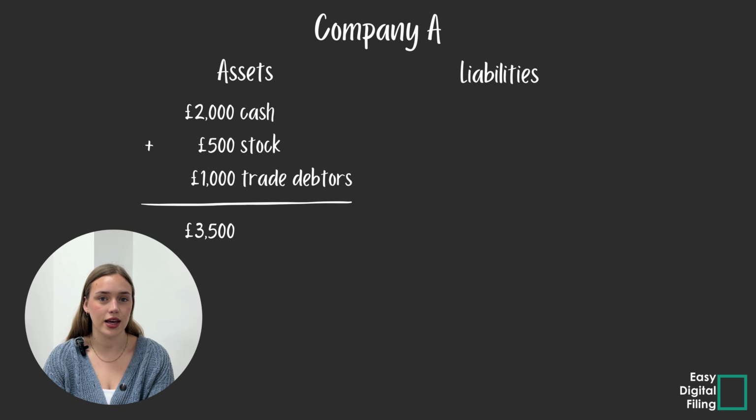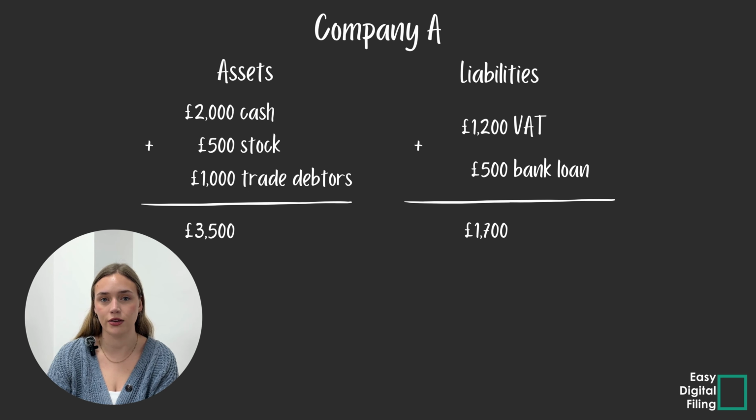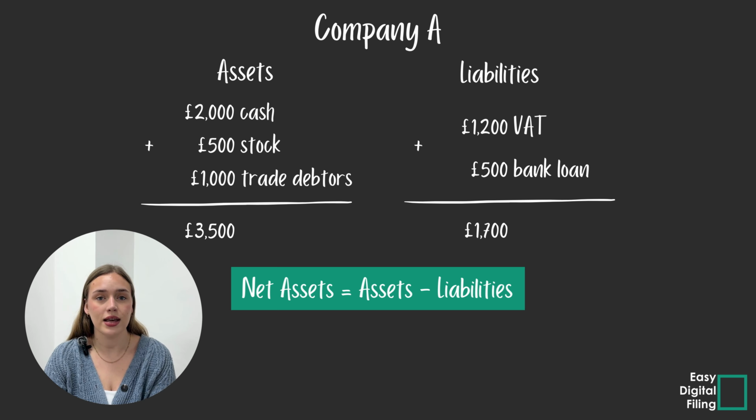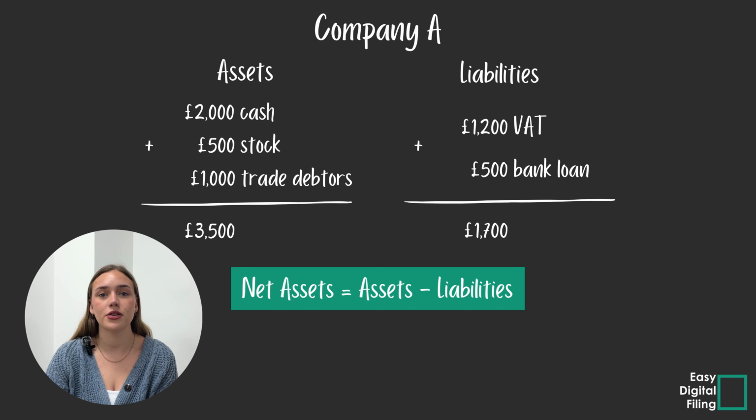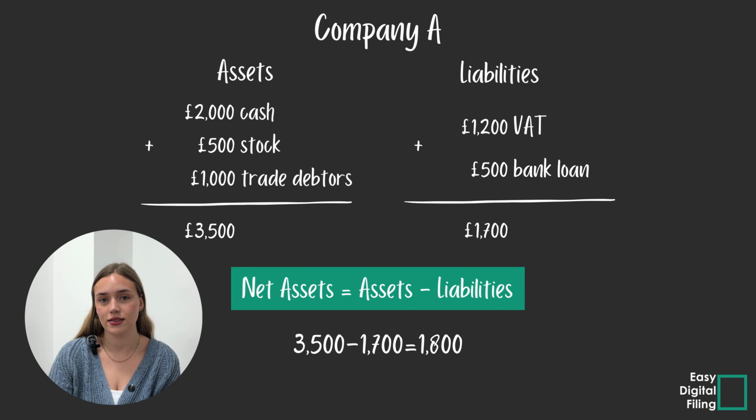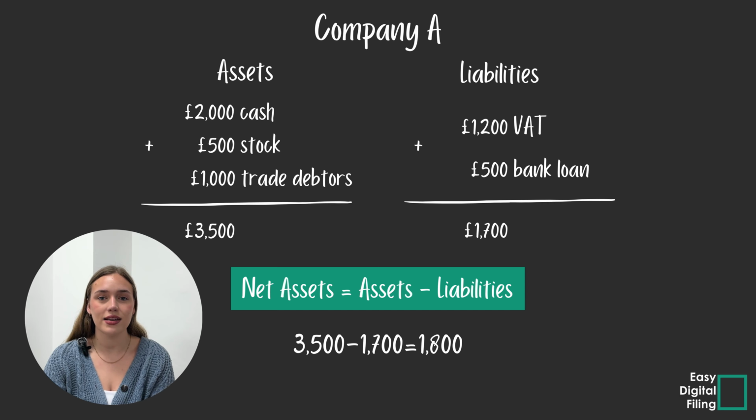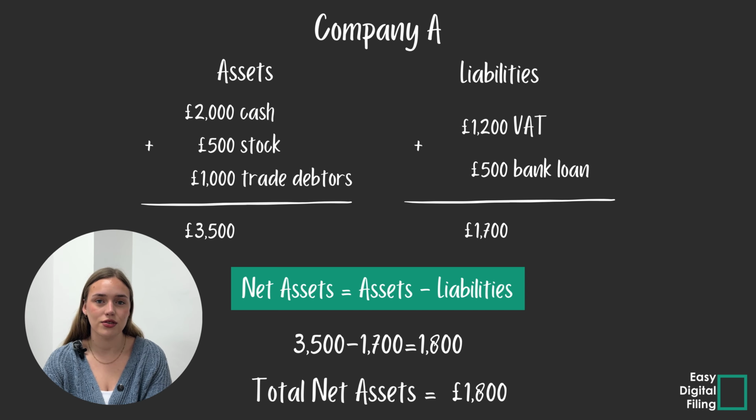On the liabilities side, let's assume that the company has £1,200 of VAT and a £500 bank loan. So your net assets is the total value of your assets minus the total value of your liabilities, and so the net assets will equal £1,800.